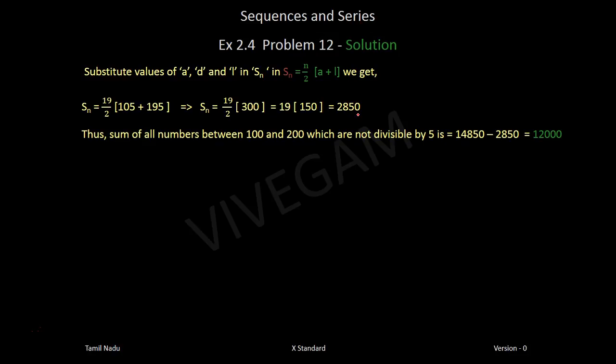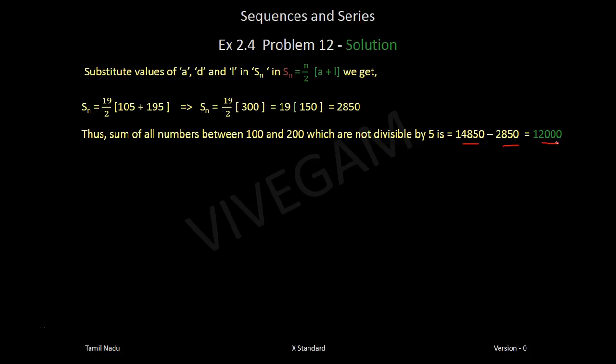Right? So what did we get? The sum of all the numbers between 100 and 200 is 14850. The sum of all the numbers between 100 and 200 but divisible by 5 is 2850. So when you subtract this from this, you will get the sum of all the numbers which are not divisible by 5. You got it? Because for not divisible by 5, it's difficult to find directly, so you'll have to do it in a roundabout way.